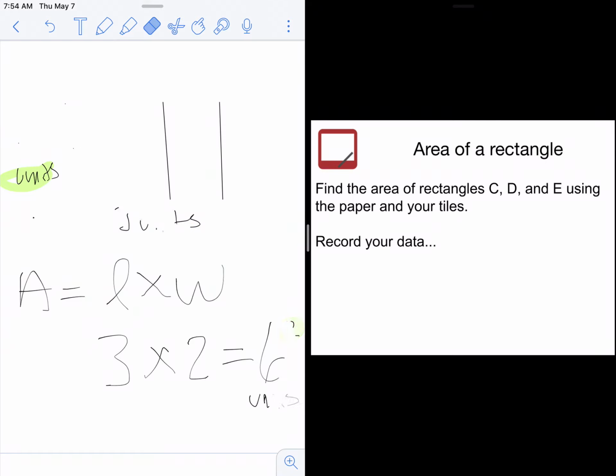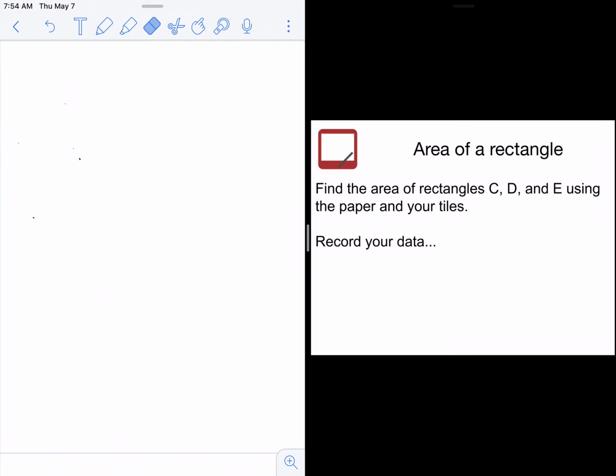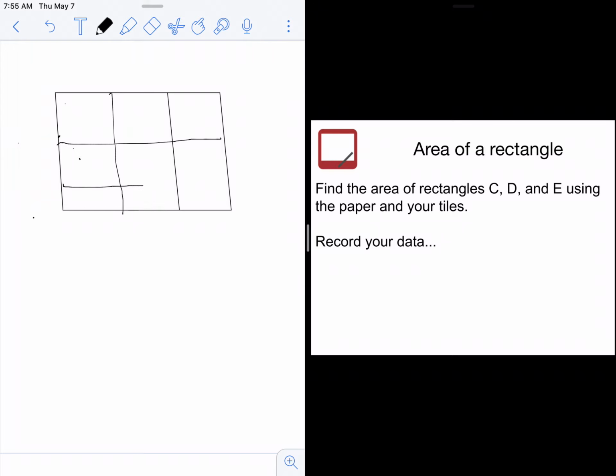Now we're going to move on to rectangle B. So rectangle B is 3 units again by 2.5 units, 2 and then a half.